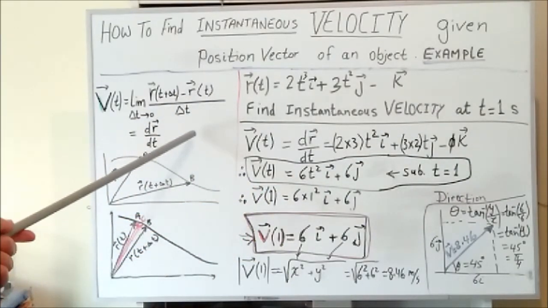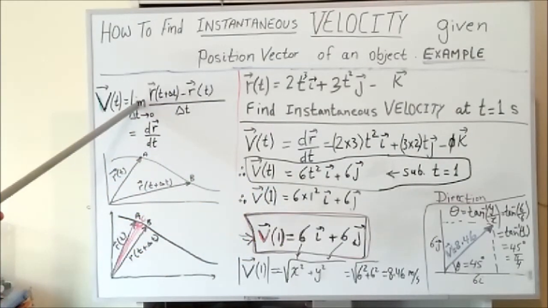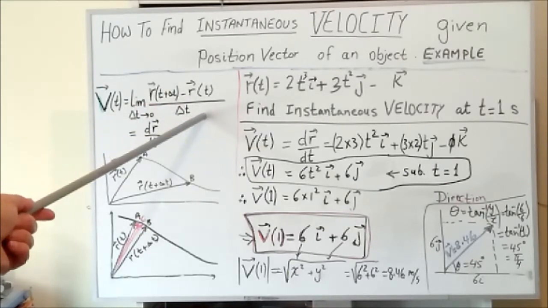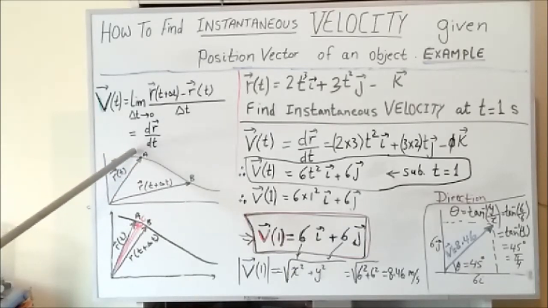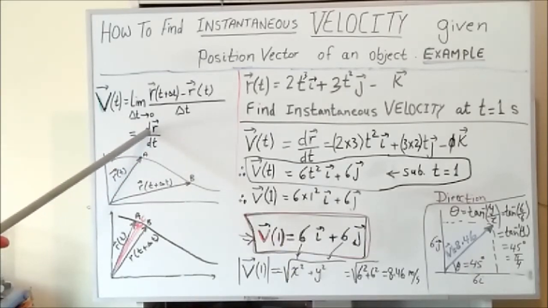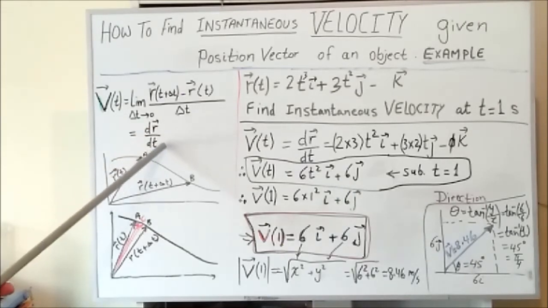So we write it this time. It's the limit of the same expression we used before, but this time as delta t approaches 0. That is, the change in time is almost 0. And this is now written as dr over dt, the derivative of the position vector r with respect to t.